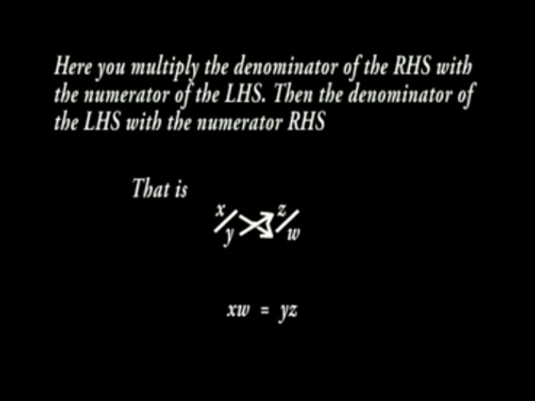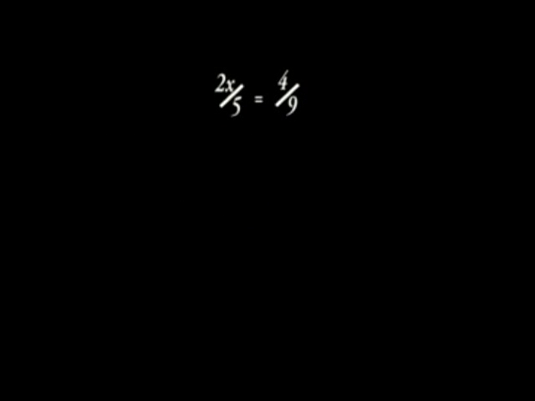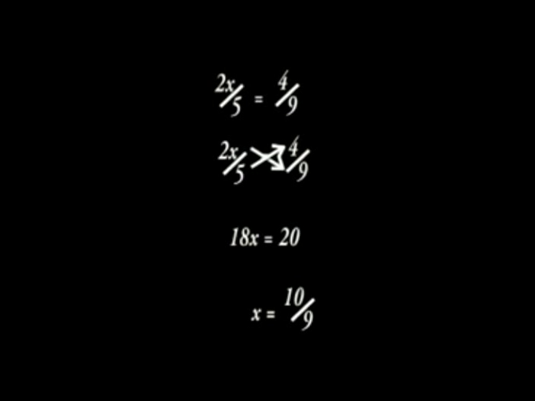Another example, 2x over 5 is equal to 4 over 9. Cross multiplication gives us 18x is equal to 20. x is equal to 10 over 9.